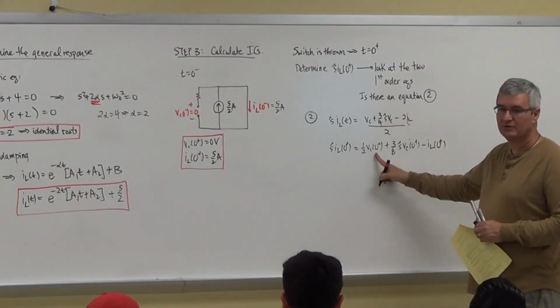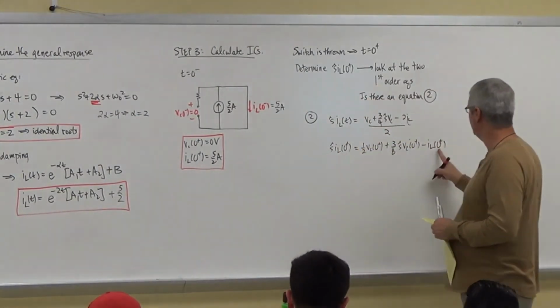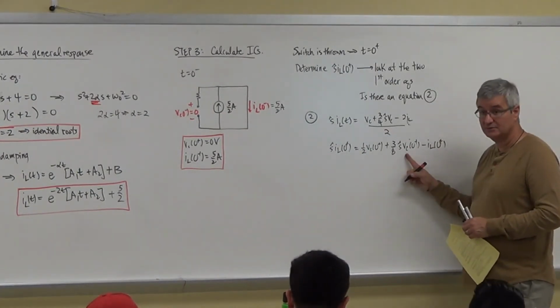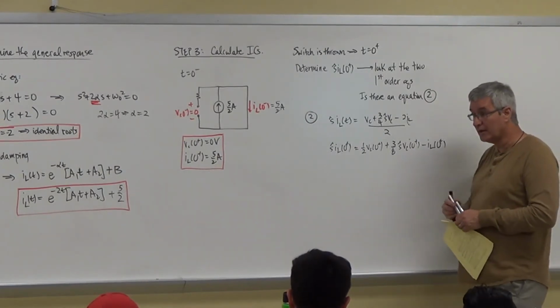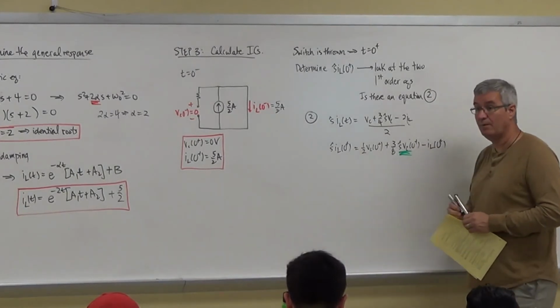Do I know what that value is? Yes, right here. Do I know what this value is? Yes. Do I know what that value is? No. And this term is causing a problem.